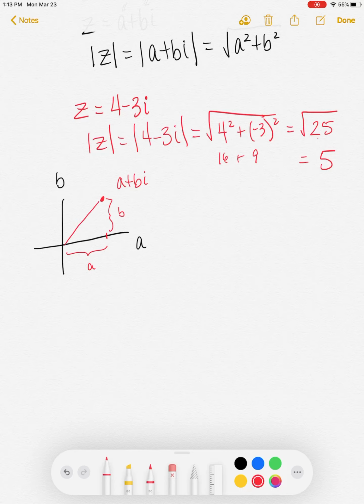And the distance, we know, is going to be that absolute value of z, right? This guy right here. I don't want to write that on there, and I'll show you why. But that's our triangle we've created. When we talk about polar coordinates, we know that we need an r and a theta, right? That's what we learned in the beginning of this chapter.